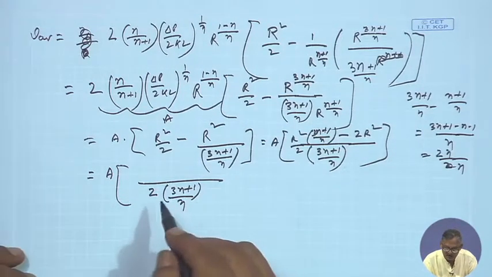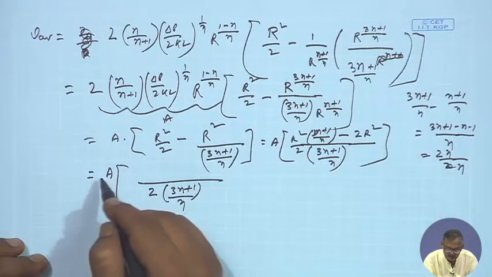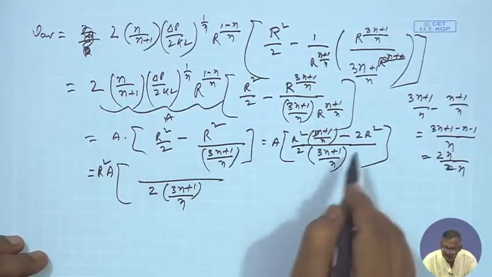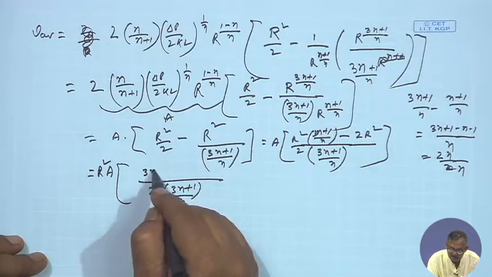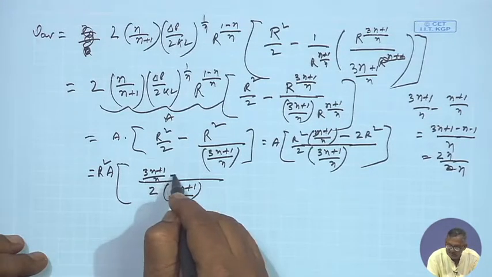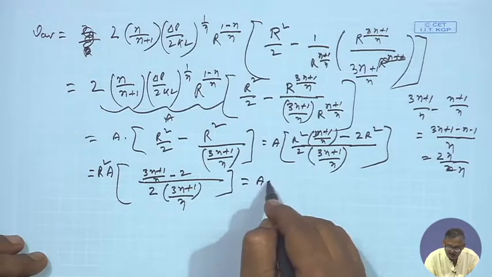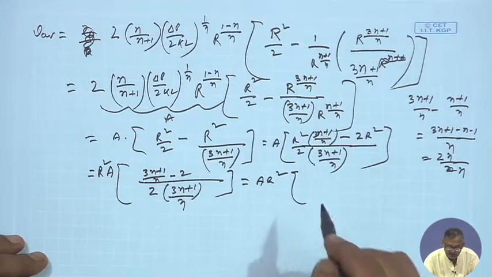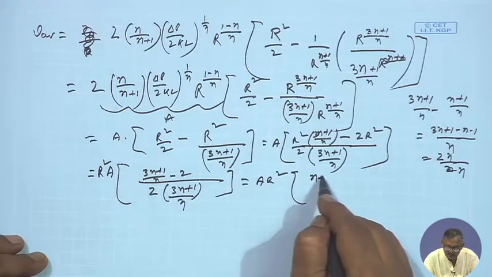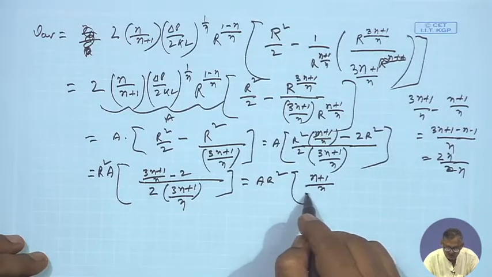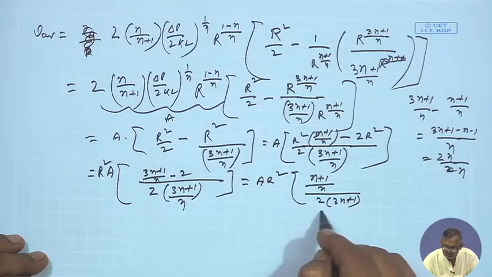On the numerator, if we take r square as common, then it becomes 3n plus 1 by n minus 2. So, we can write a r square into, this becomes 3n minus 2n, that is n plus 1 by n, whole divided by 2 into 3n plus 1 divided by n.